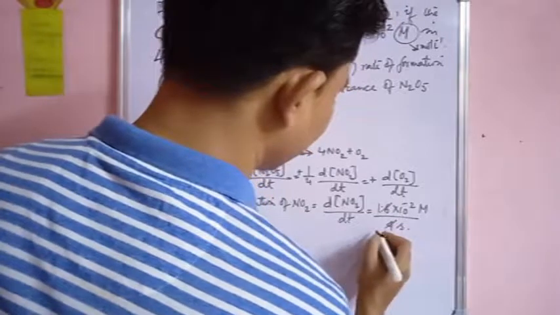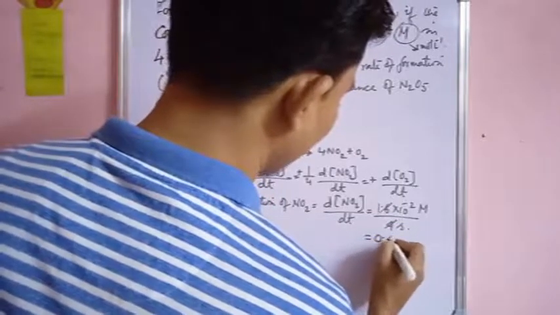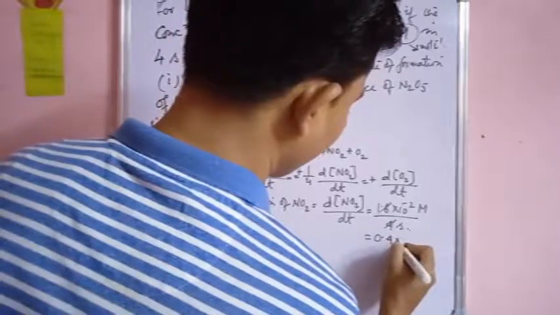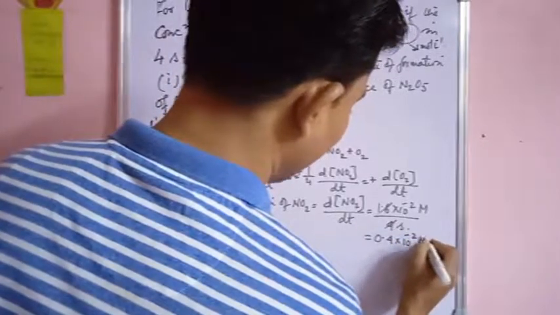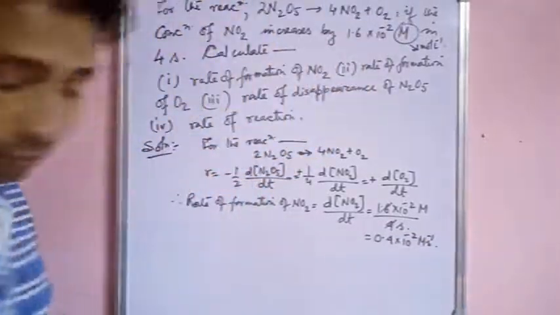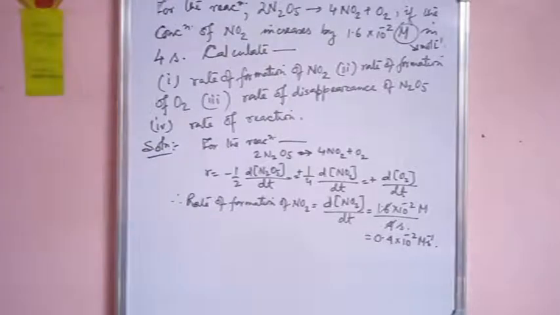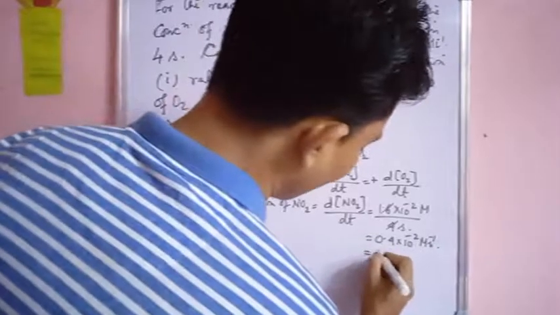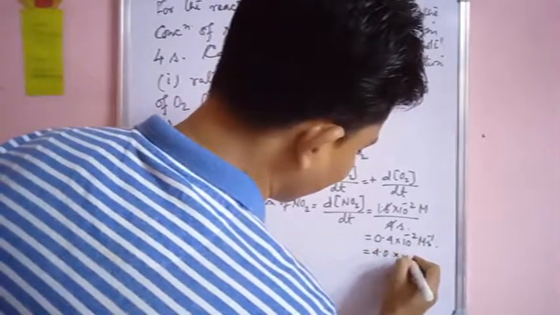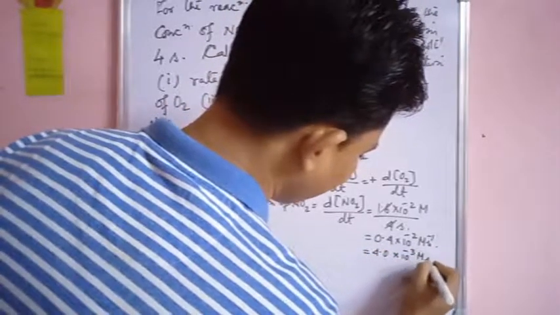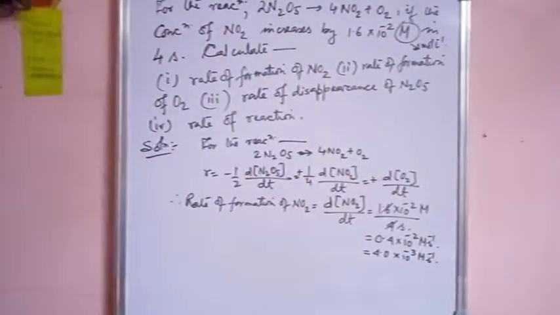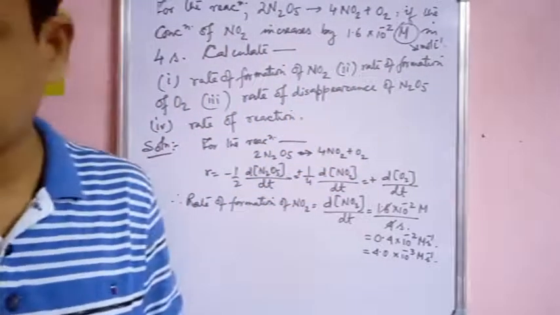So this gets cancelled out, and it is equal to 0.4 × 10⁻² M per second, or we can write 4.0 × 10⁻³ M per second.